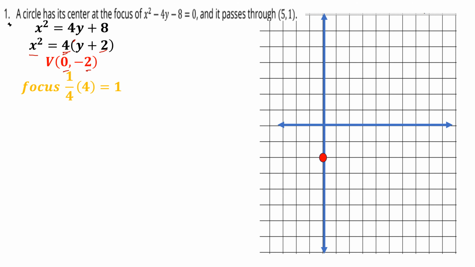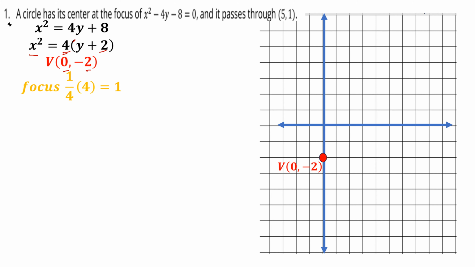That means we are going to plot (0, -2) as our vertex. Since our focus is 1 unit from the vertex, and remember that our parabola is opening up because the y is on the right and it gives us a positive 4, so it goes up.